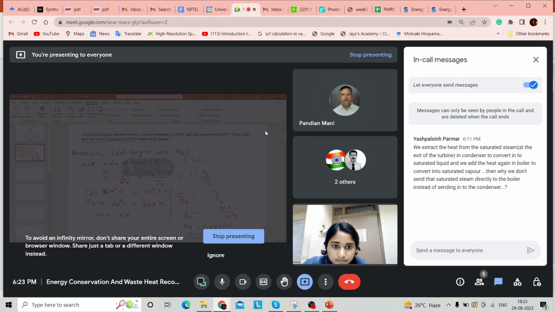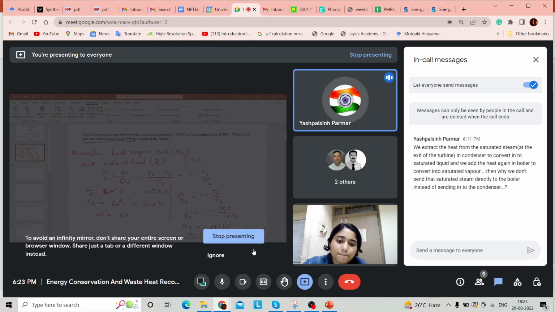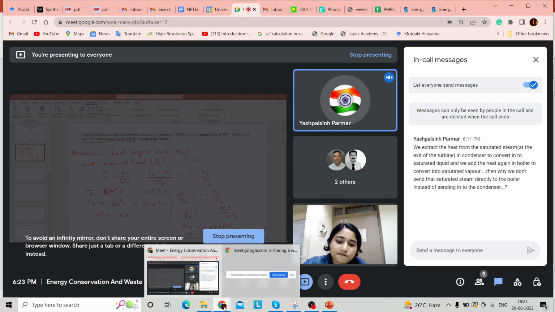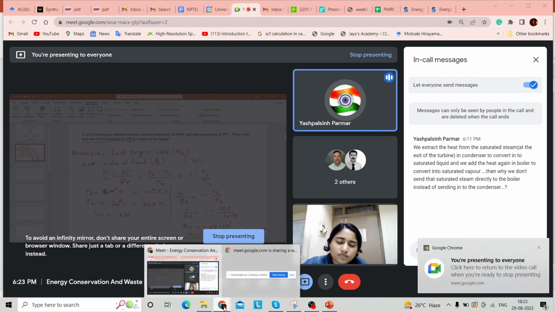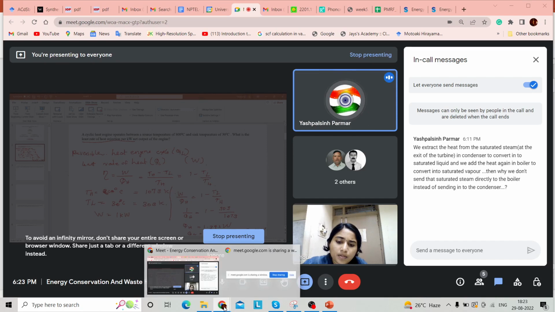Hello, ma'am. In assignment 4, question 2 is right, because we add the additional fuel in the HRSG at the bottoming cycle inlet, and the bottoming cycle inlet is equal to the topping cycle exhaust. So option B is right.